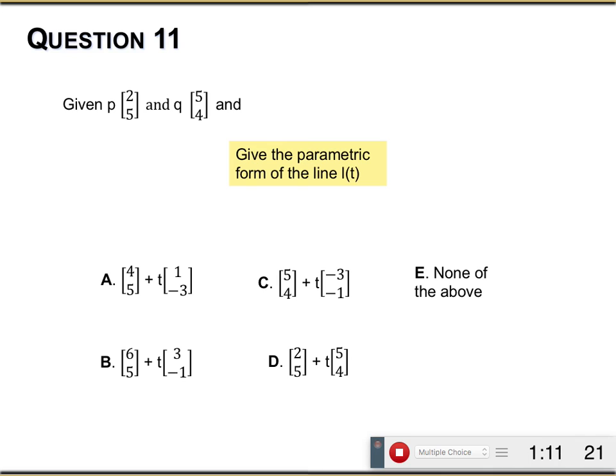This is long enough ago. When you get to the midterm, which is a couple weeks away, you won't get to work with your partner on the midterm.